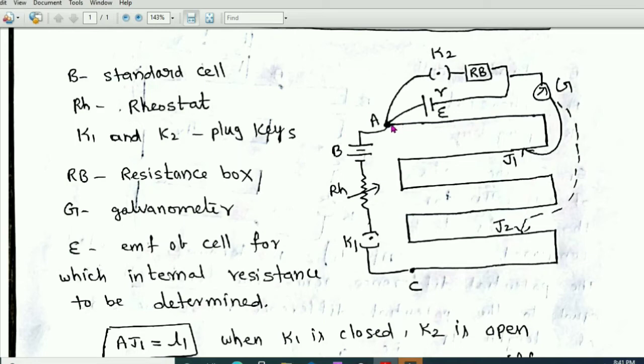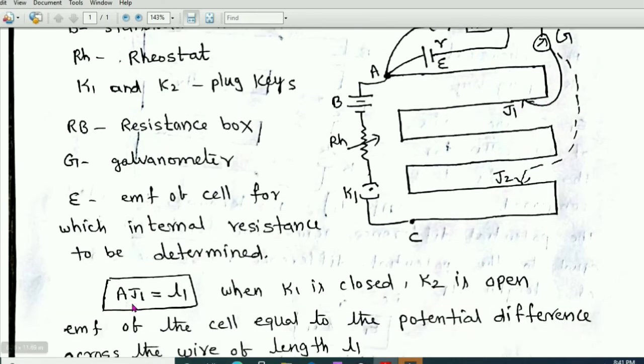Let us consider we are moving the jockey on the potentiometer wire like this, and at a point J1, jockey position 1, the galvanometer shows null deflection. So AJ1 is the length of the potentiometer wire for which the galvanometer shows null deflection. AJ1 is equal to L1.